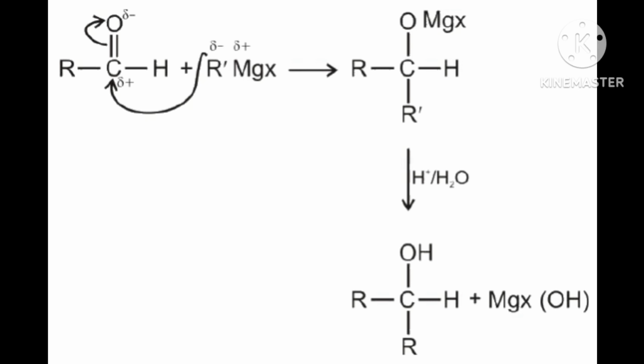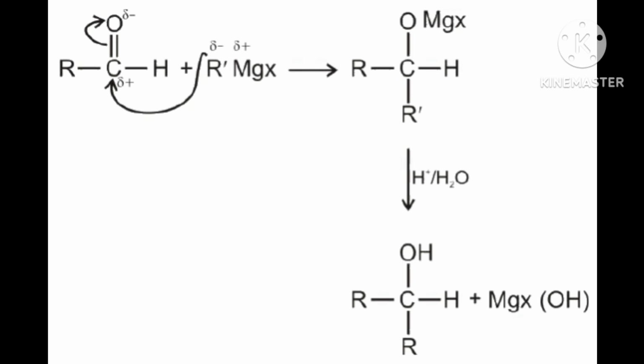Alkyl group means the carbon is attached with the carbon of two alkyl groups, and an alkyl group always has carbon. This time it is joined with two alkyl groups, that's why it is a secondary alcohol.